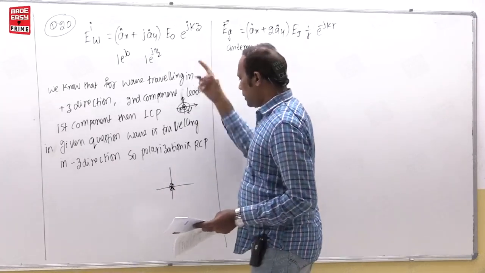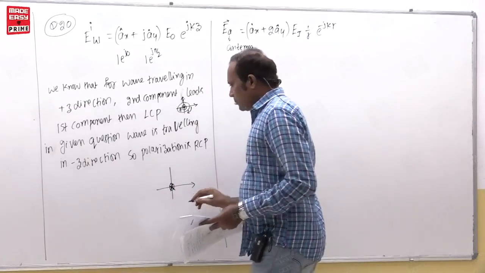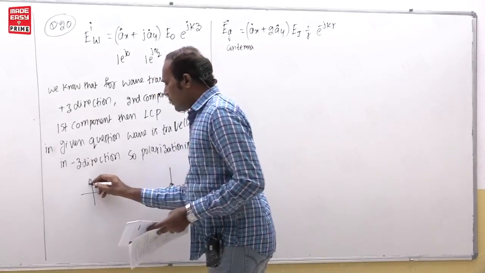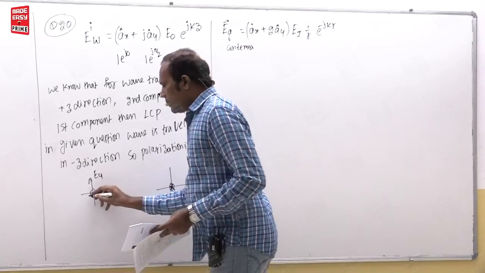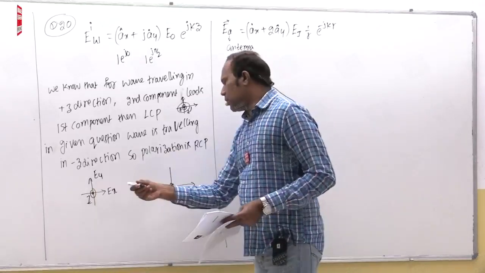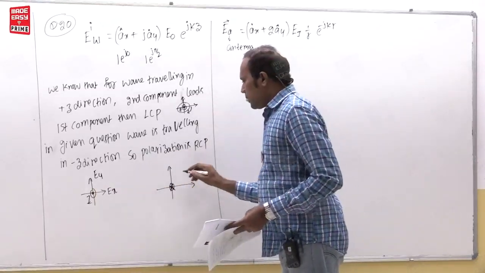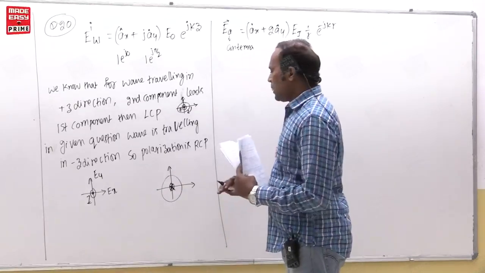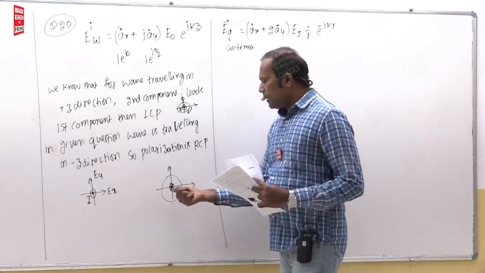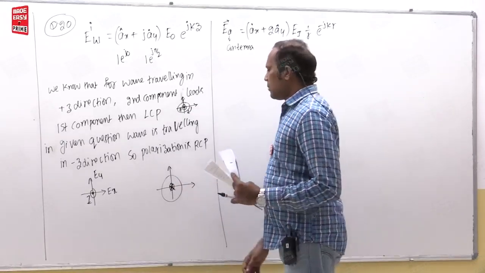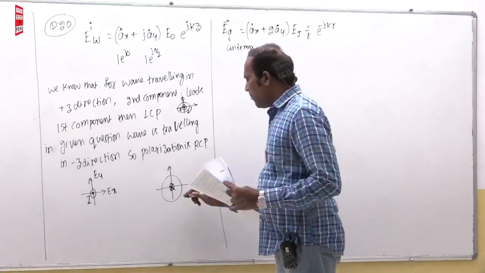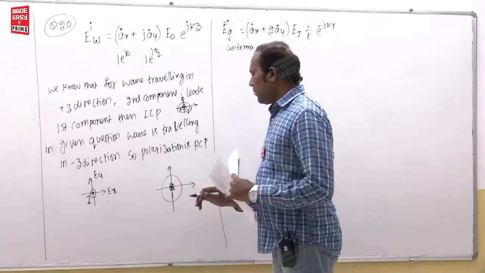Cross means into the board. I have taken this as the electric field x component and this as the y component, and Z is out of the board, the wave traveling direction. But now for this one you have to take the right hand and put the right hand thumb into the board. So that is giving RCP, the right hand will be matching.